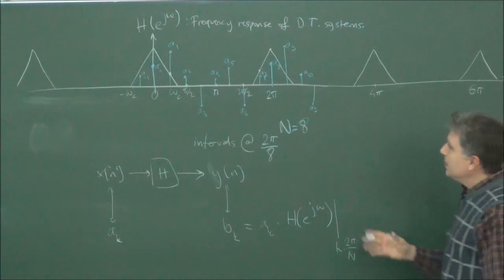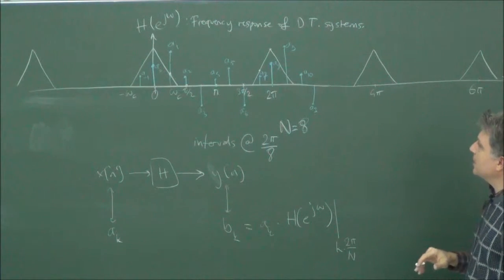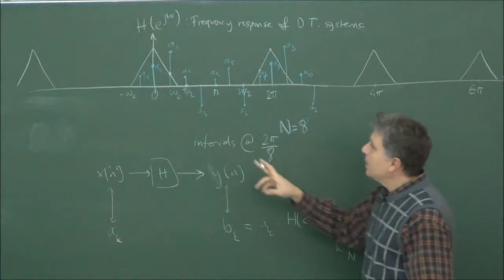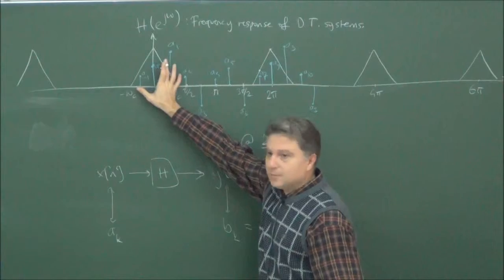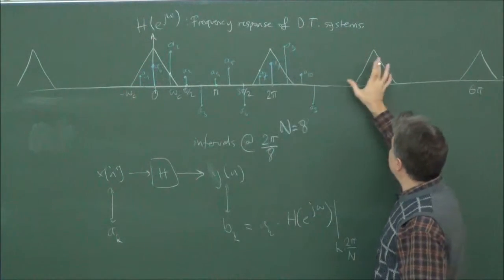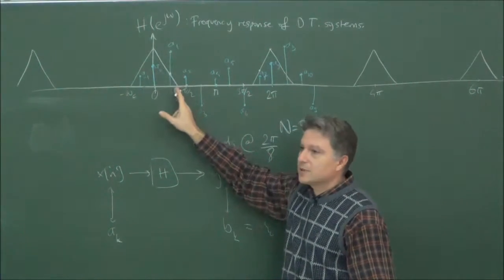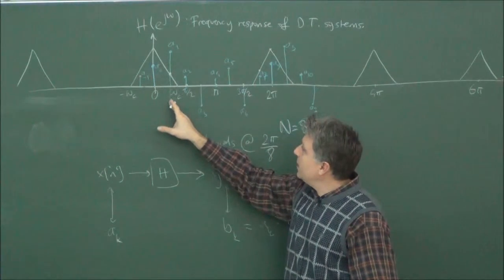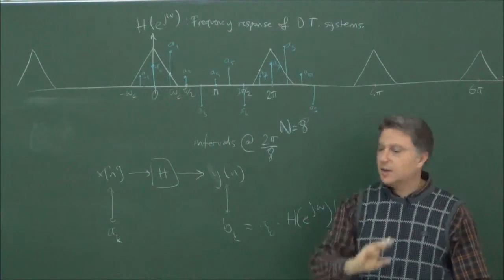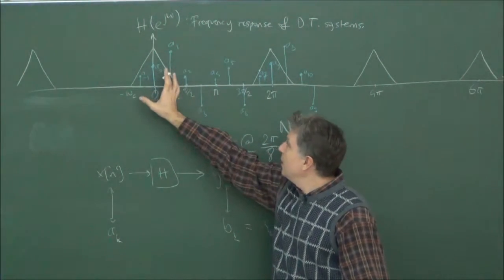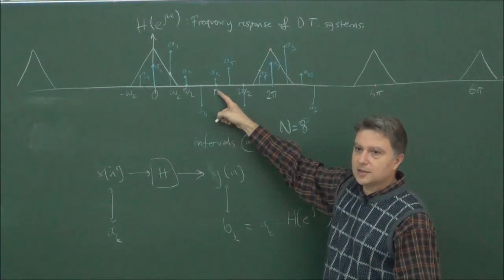So in effect, if this is your system, with this triangular spectral shape of h of e to the j omega, then it is passing only a minus 1, a0 and a1, and their 2 pi periodic replicas. Which means it is passing only the low frequencies, because pi over 8, 0 and minus pi over 8 are low frequencies with smaller frequency value, and the high frequencies are the frequencies around pi, as I said yesterday.